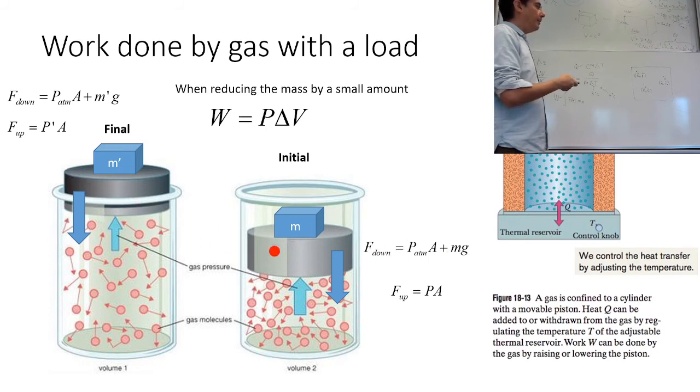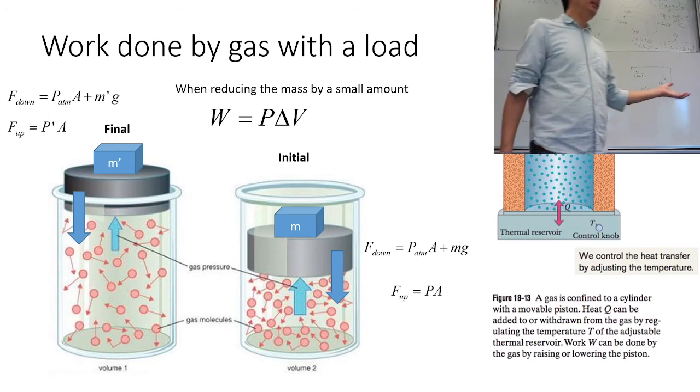And that process actually already means that the gas is doing some work for us because the gas just expanded. And what we just said here is that the work is going to be this pressure times a change in the volume. So if there's a change in the volume, the gas has actually done some work.